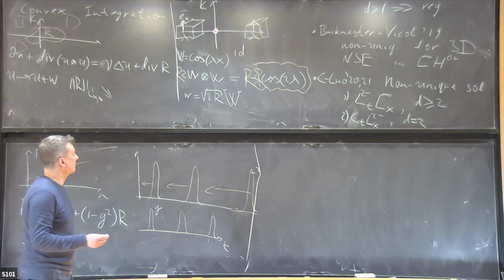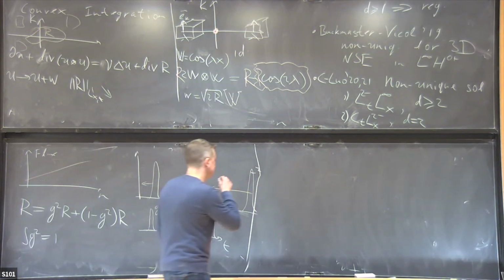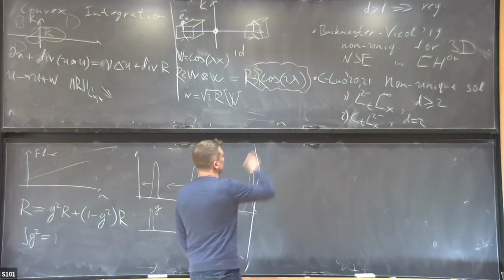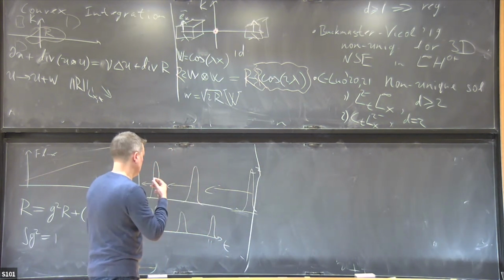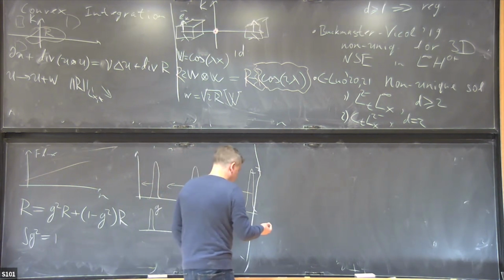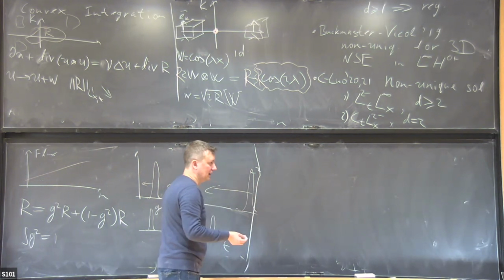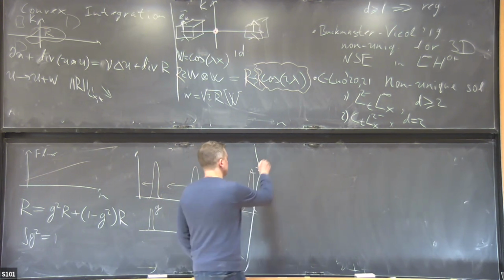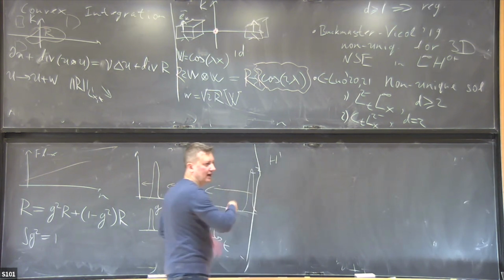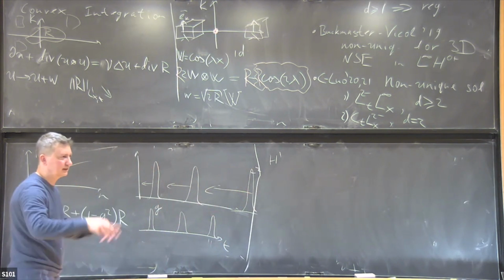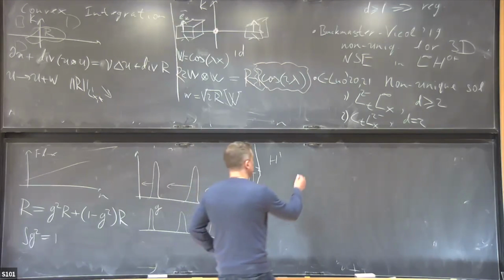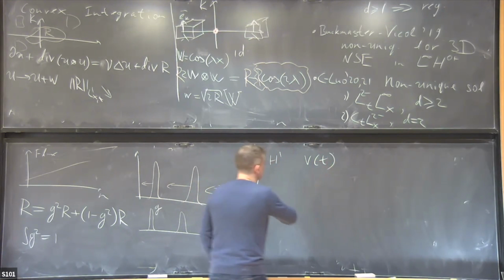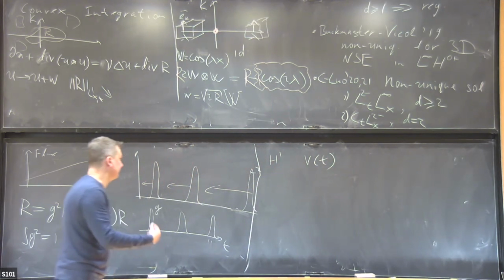It's still a bit complicated. If you start with a solution of the dyadic model that blows up, and then you look at what actually happens in the phase space H1 for those vector fields that I tried to describe, that saturate the flux, you can construct some kind of function v of t in that vector field.